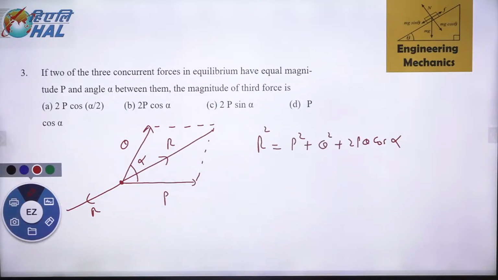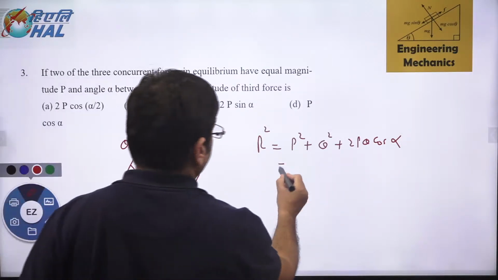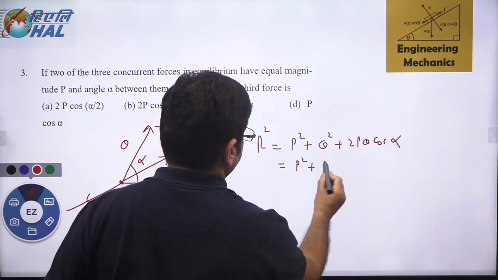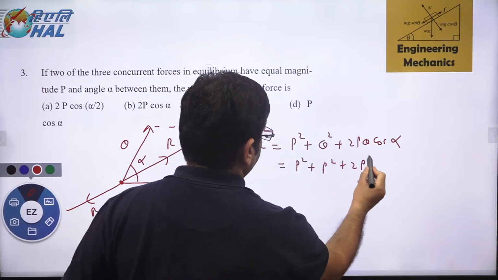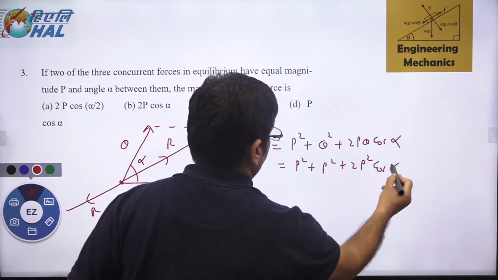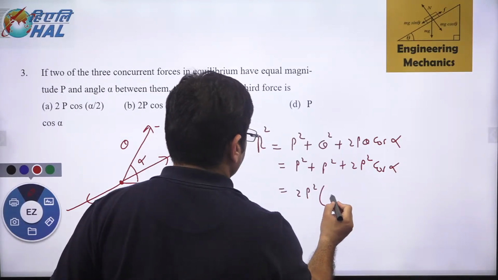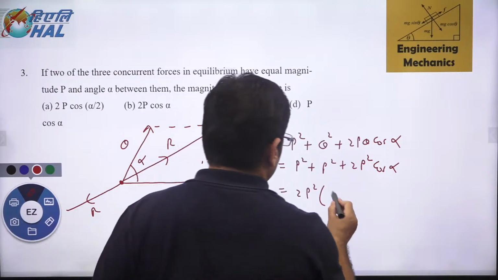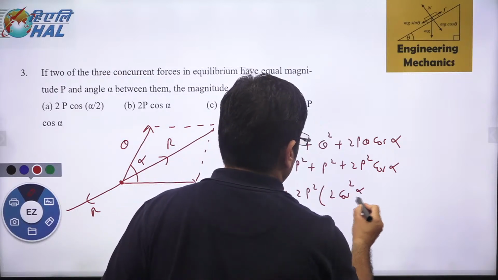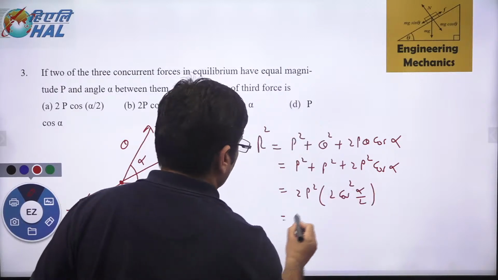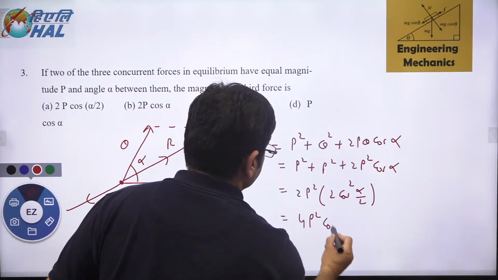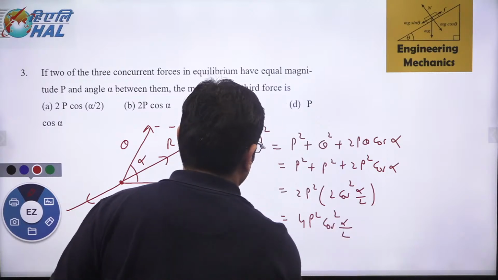Now he has given that the two forces are equal. That means it is P square plus P square plus 2P square cos alpha. I take 2P square common. This becomes 2P square times 2 cos square alpha by 2. So 4P square cos square alpha by 2 is R square.